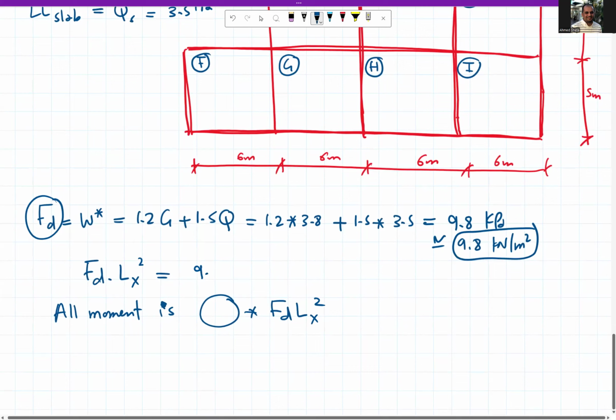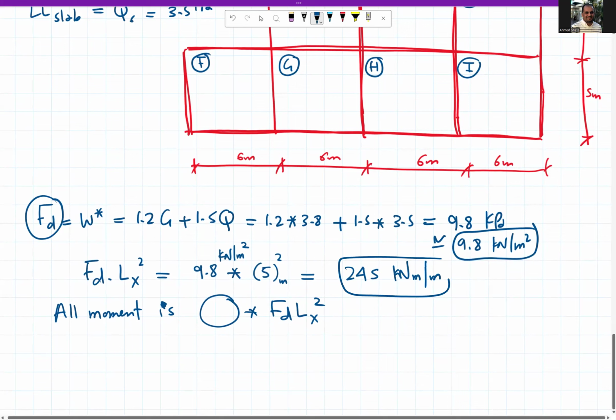So we have FD equal to 9.8 kilonewton per square meter times Lx squared, which is 5 squared meter. So our moment will be 245 kilonewton meter per meter. So this is the value we are looking for, which is 245 kilonewton meter per meter.